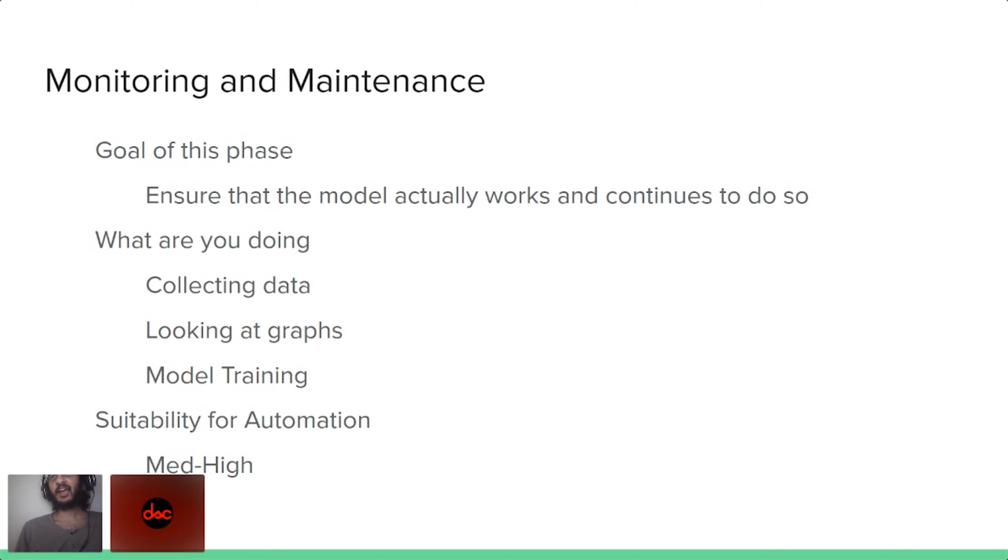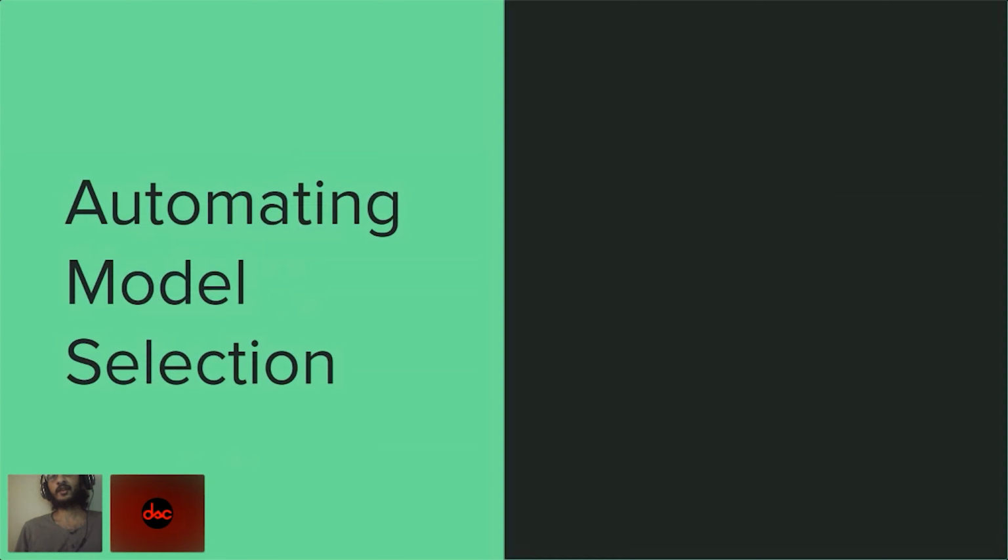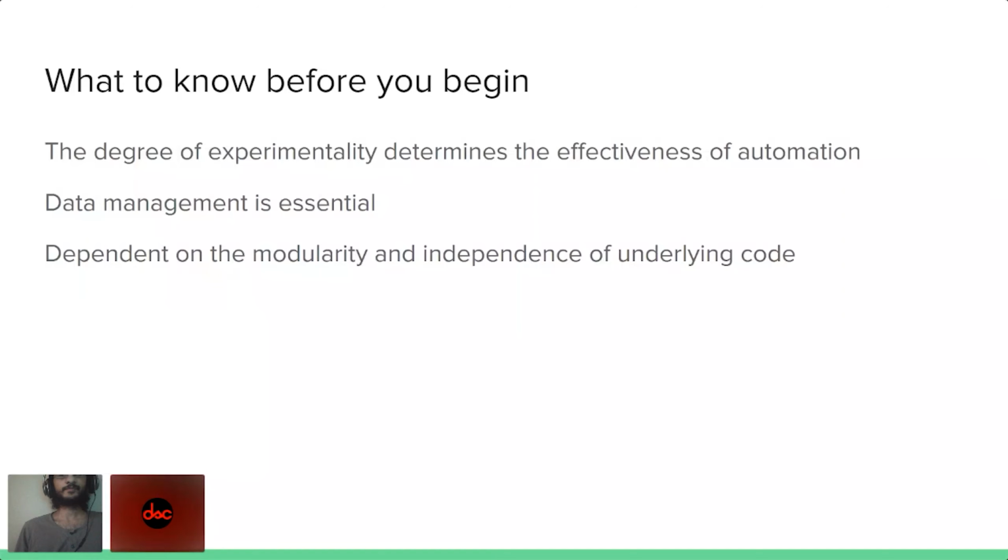So when you're building out your AI pipeline or your ML pipeline, what you want to do is discretize each one of these into specific components, and then build them out in such a way that you can reuse different bits in subsequent steps. So let's get started with automating model selection here.